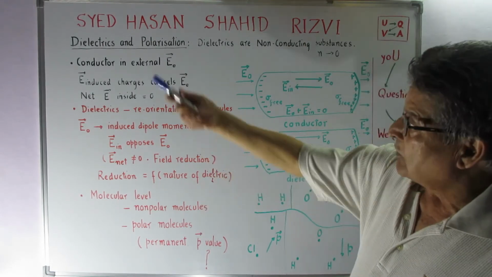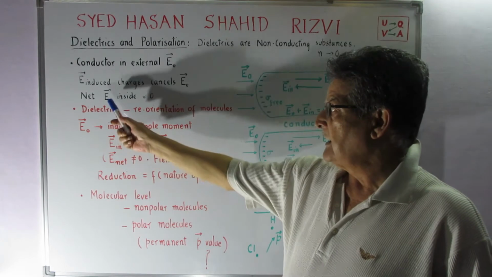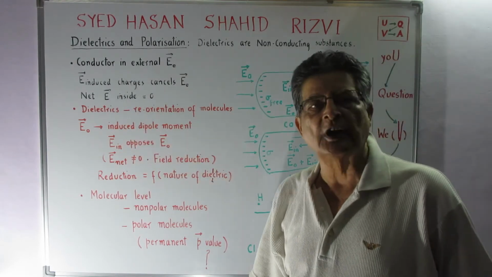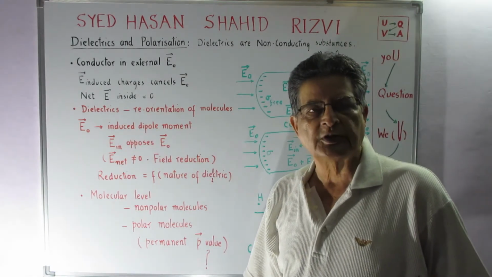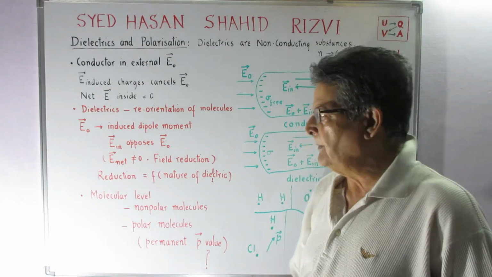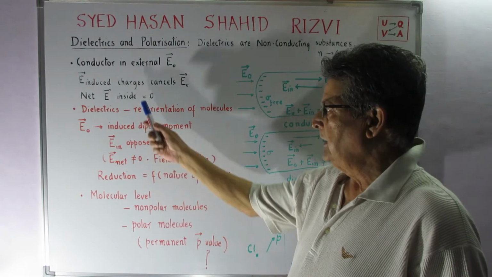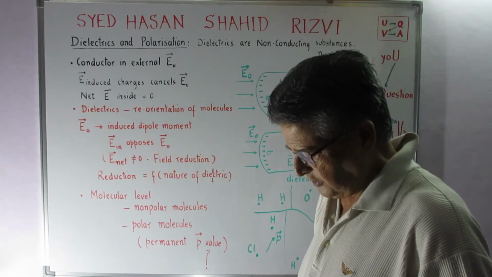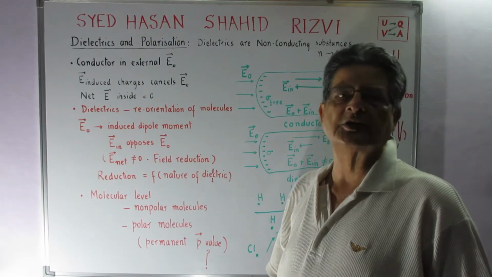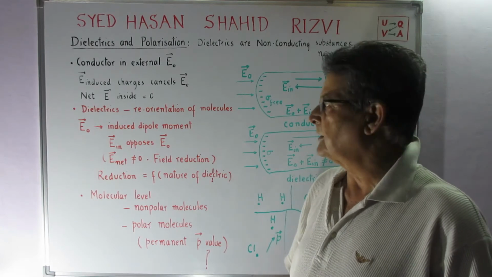So first of all, I'll go back and let you know why the electric field inside a conductor, which I said is equal to 0, is so. Just because the potential profile inside is constant everywhere.